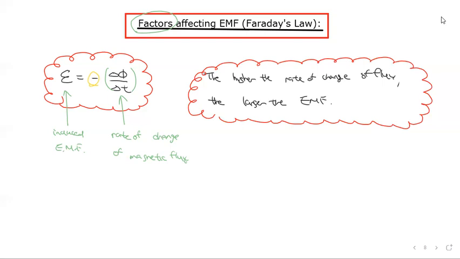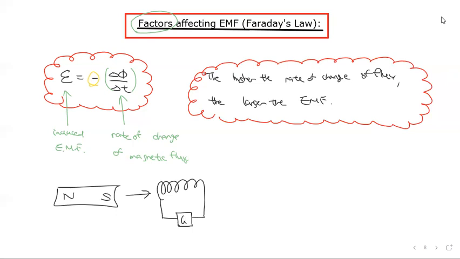So for example, if you're looking at a magnet moving into a coil, then you could change the rate of change of flux by, for example, moving the magnet faster, or the velocity of the magnet. So in other words, the velocity of the magnet will affect the rate of change of flux.